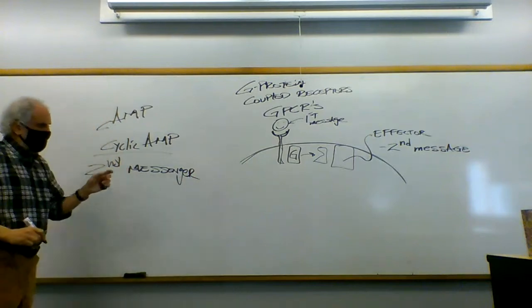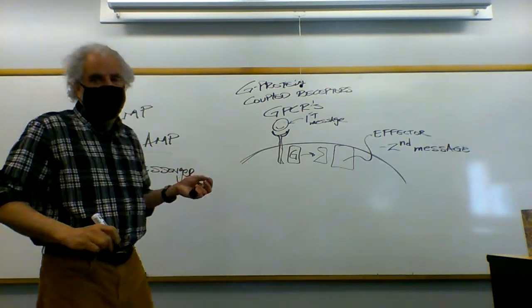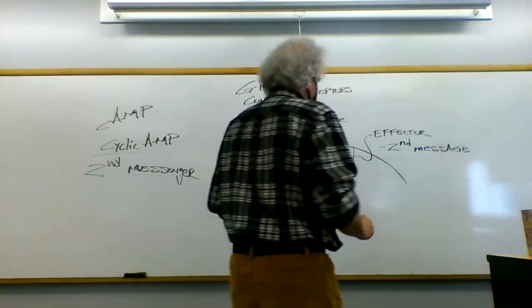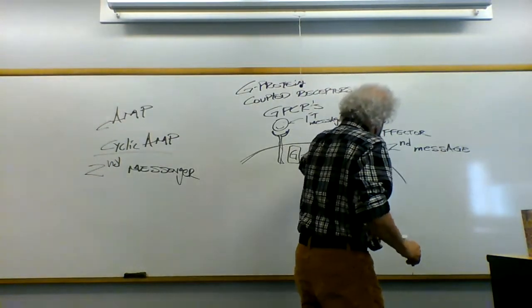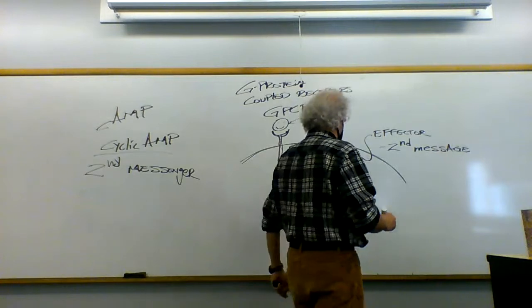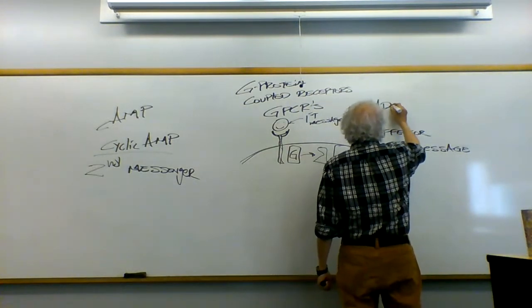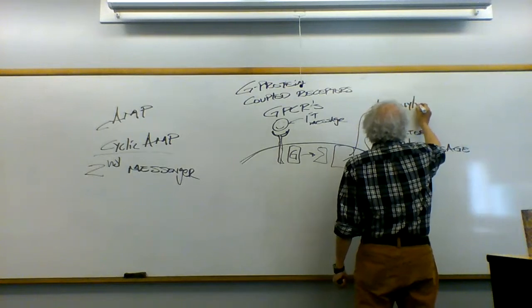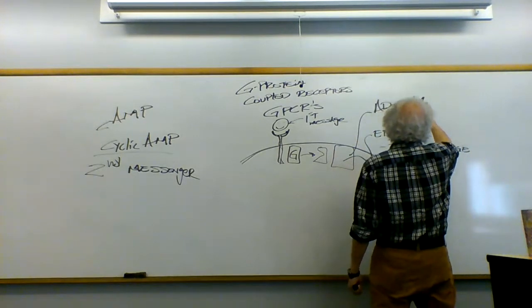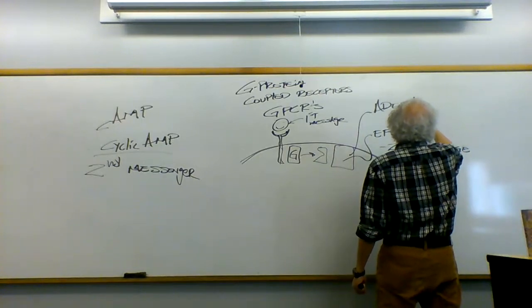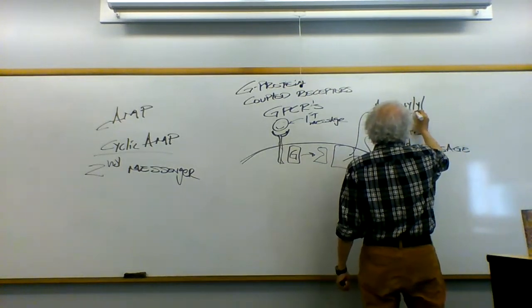And the enzyme that generates cyclic AMP from ATP is an enzyme that actually fits into this little box as the effector. It is the enzyme known as adenylyl cyclase.